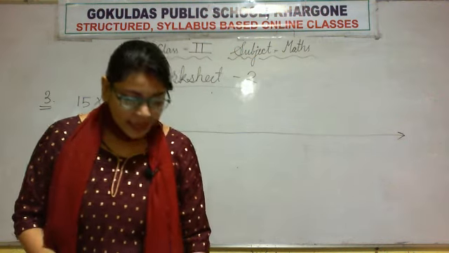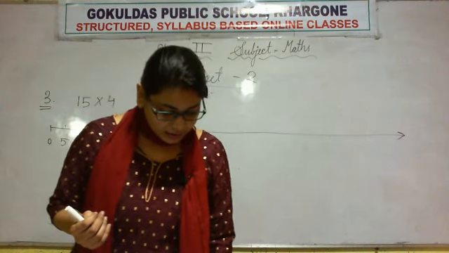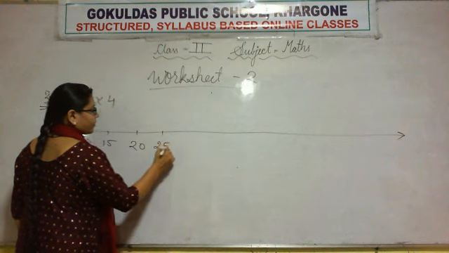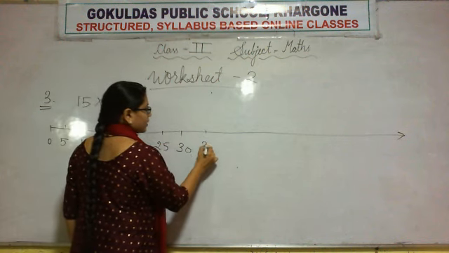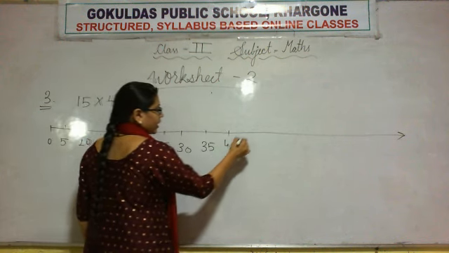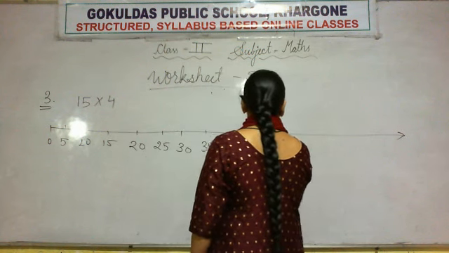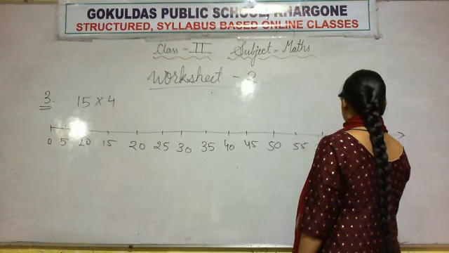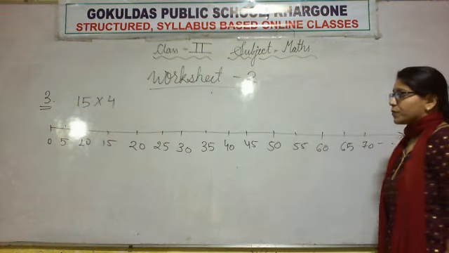They have skipped 5 numbers: 20, 25, 30, 35, 40, 45, 50, 55, 60, 65, 70 and so on.